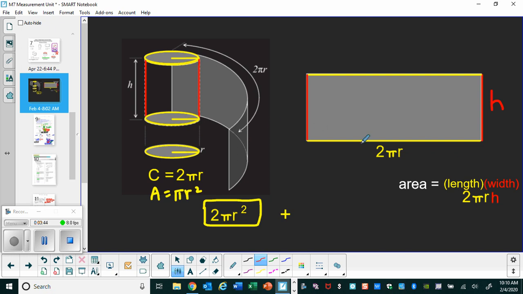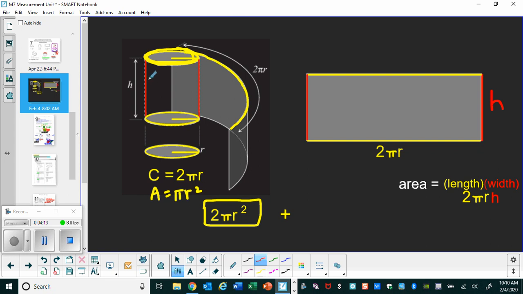Now the thing that stinks though is I don't know what the length of this rectangle would be. The only thing I know is that it is as long as this cylinder is around. So the circumference of my cylinder tells me how long that piece of paper would be that's going to cover it up. So the distance around is the length here, and that's the circumference formula, and that's why you see 2 pi r h right here.